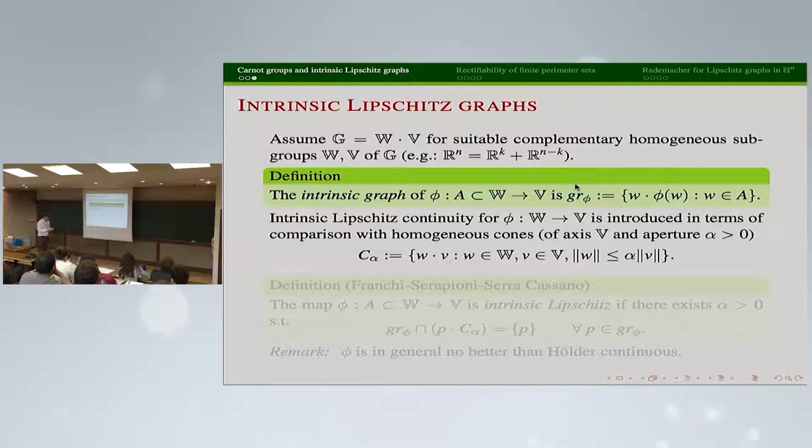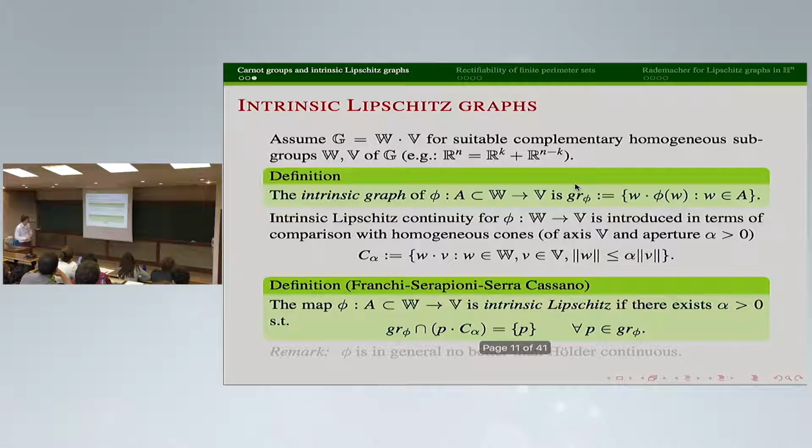So it's an open cone around V with axis V. And alpha is an aperture parameter. The smaller alpha is, the smaller is the cone.